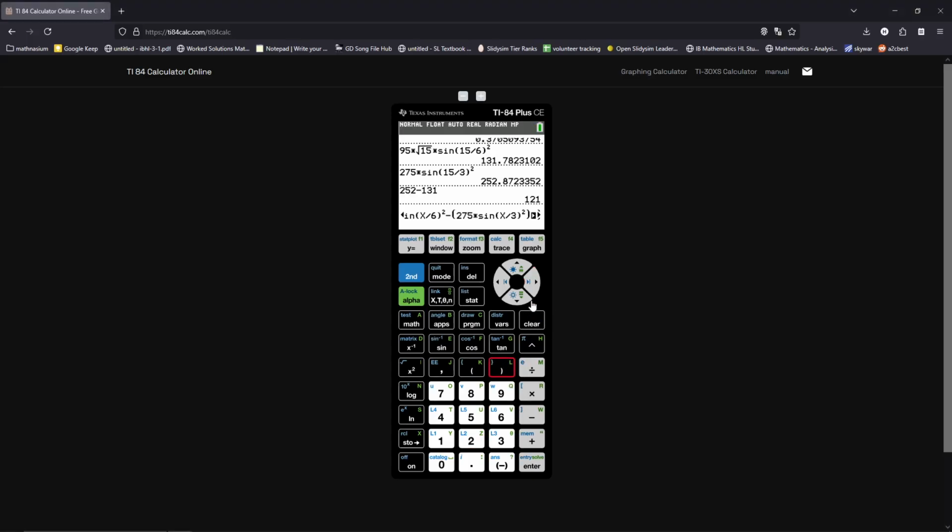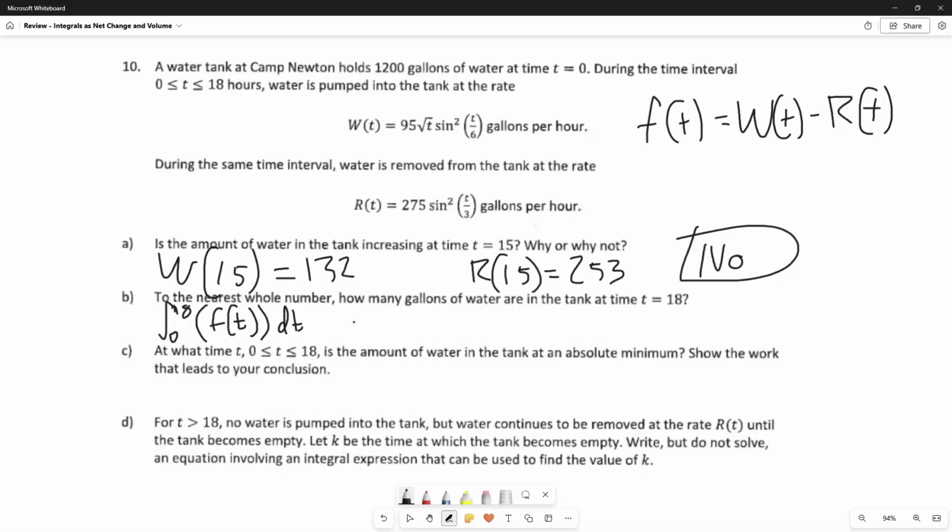And then with respect to x, that should give us 109.788. So 110, we can say. We can say this is equal to 110.